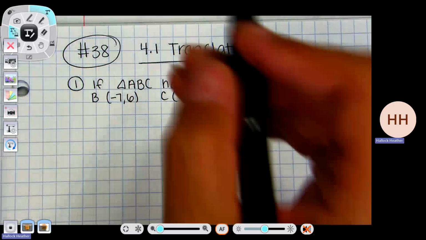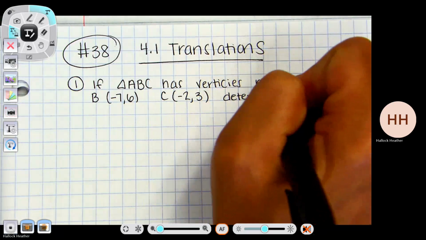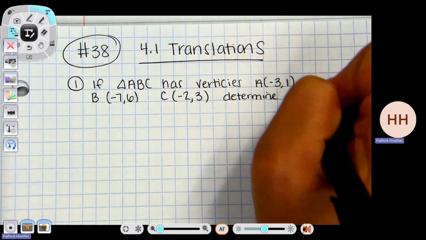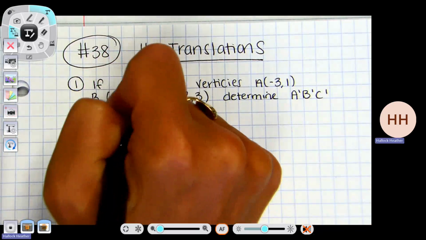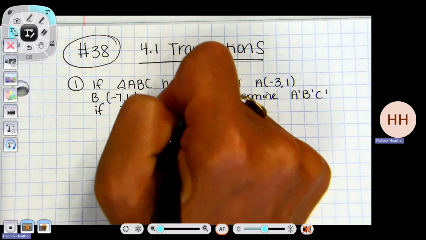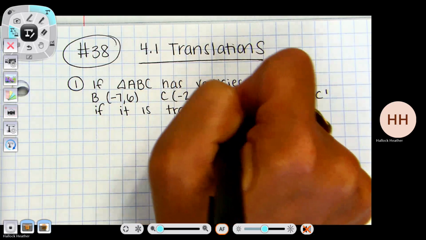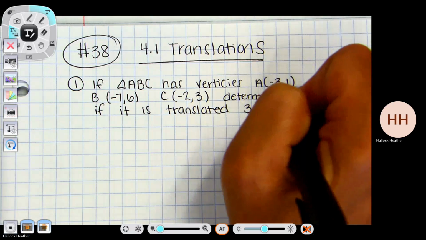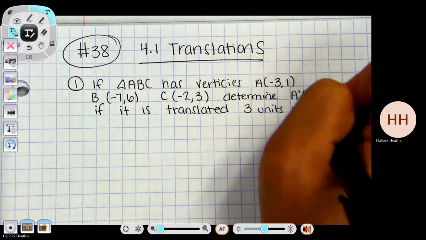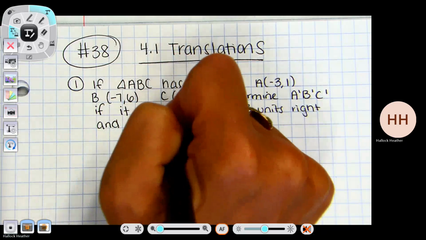We basically want to find or determine A prime, B prime, and C prime if it is translated three units right and 5 units down.